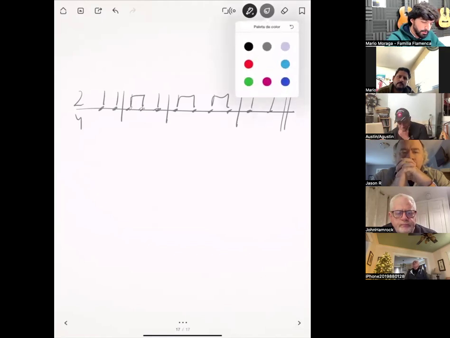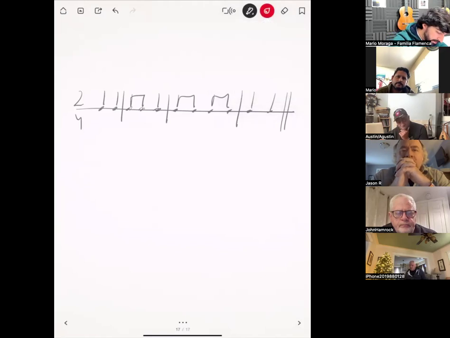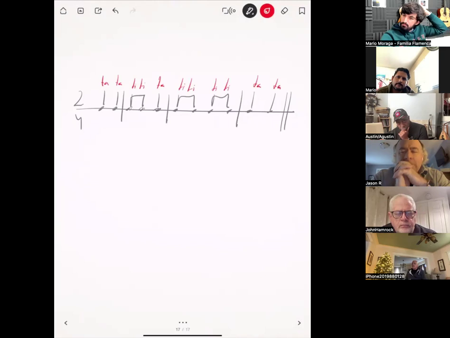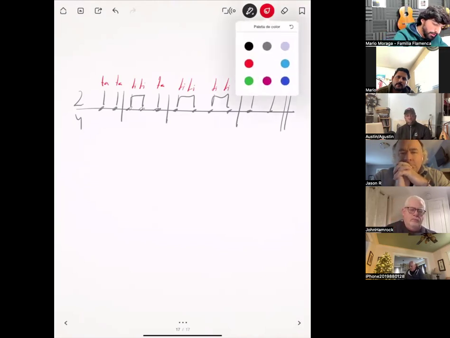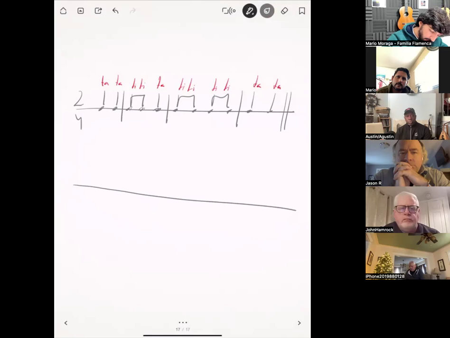So if we remember the language that we said before, that's a ta, that's a ta, ti ti, ta, ti ti, ti ti, ta, ta. A little bit more difficult would be with eighth notes and sixteenth notes.